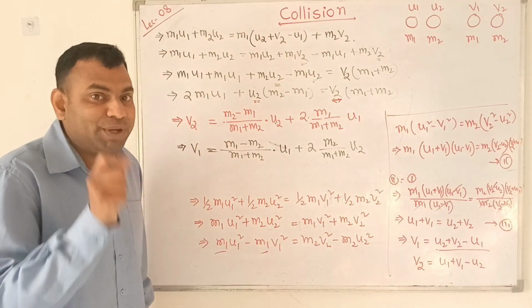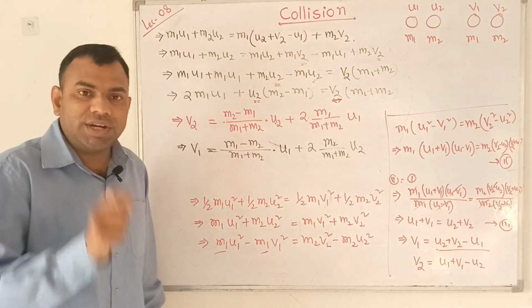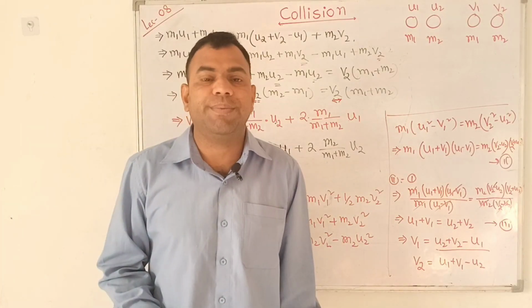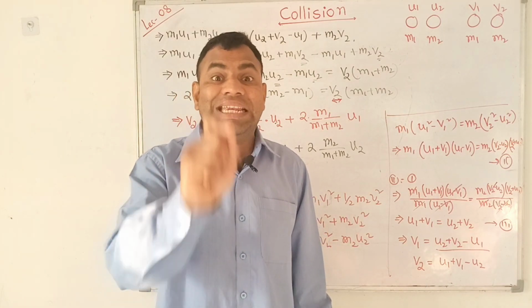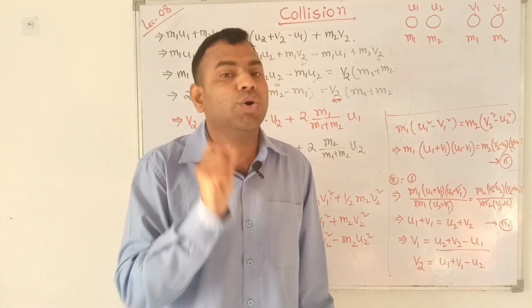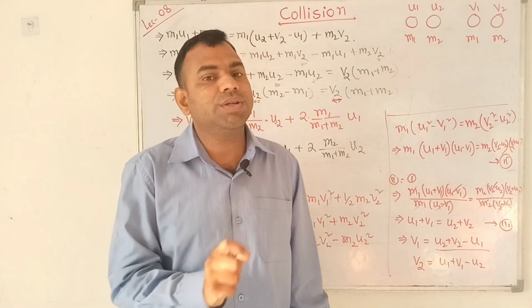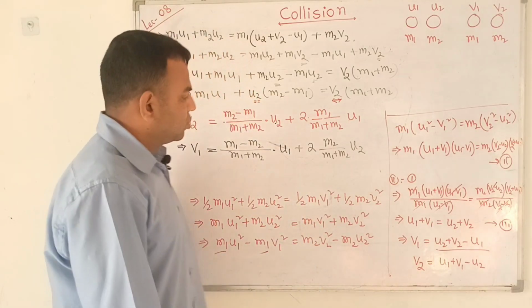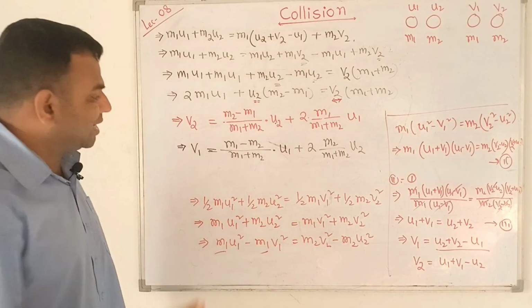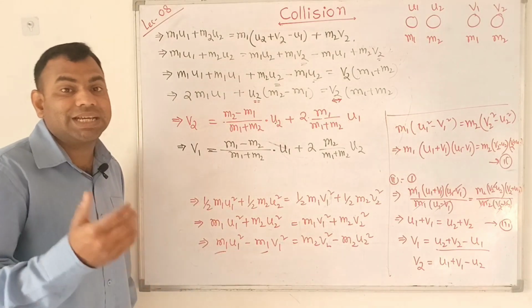For the elastic collision, because we have applied two conditions: one is linear momentum is conserved, another is kinetic energy is conserved. But in the case of inelastic and perfectly inelastic collisions, we cannot use this because the condition is different. Understood?